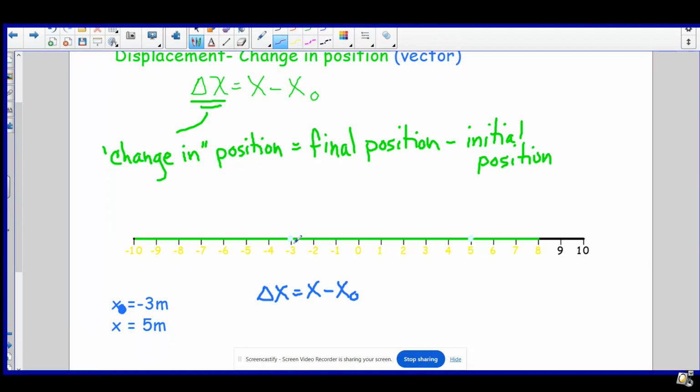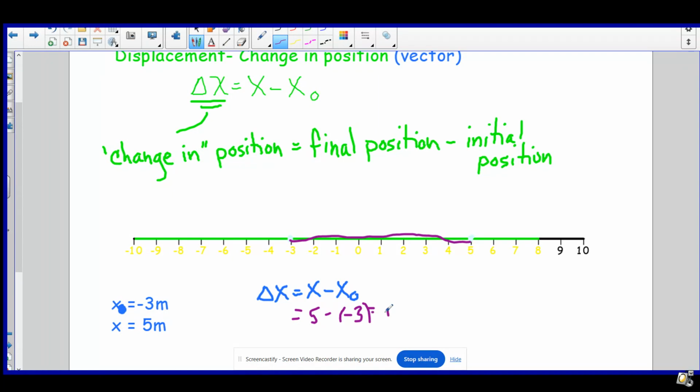There's lots of different routes that you could take to start at -3 and end at +5. For example, you could just walk from -3 all the way over to +5. And we would say that this object has a displacement of, well, the final position is 5 minus the initial position, which is -3. Okay? And 5 minus -3 is just +8.